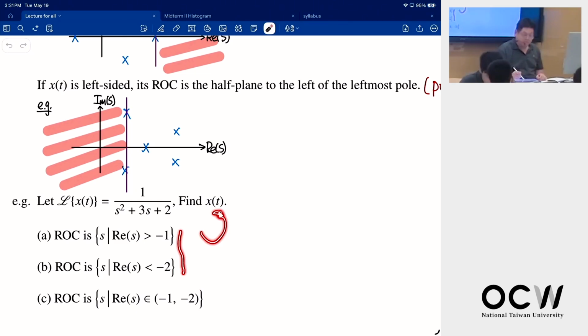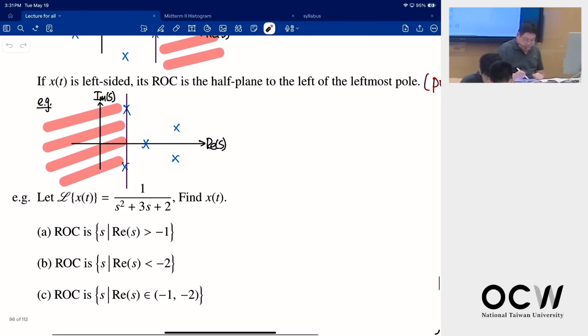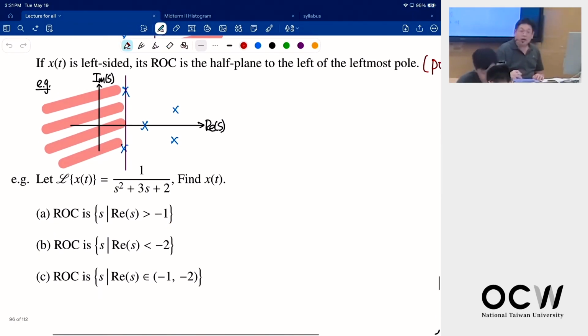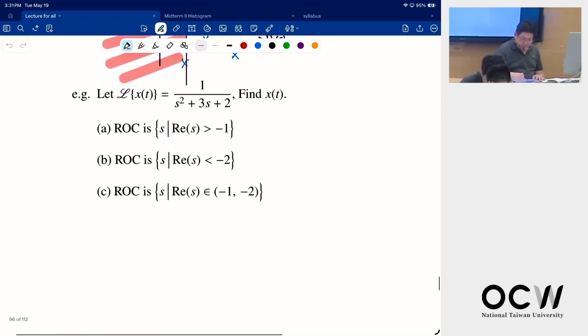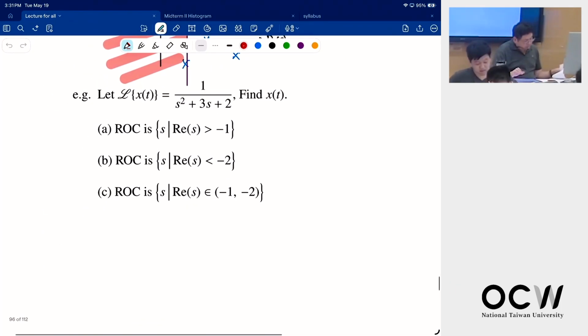So in this case, if my region of convergence is greater than -1, then what is x? You can try it by yourself first.